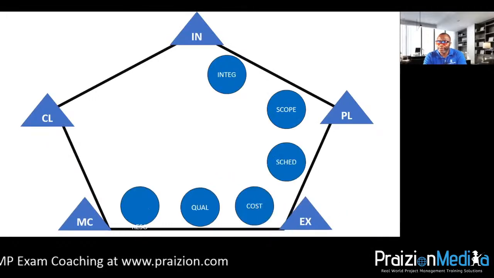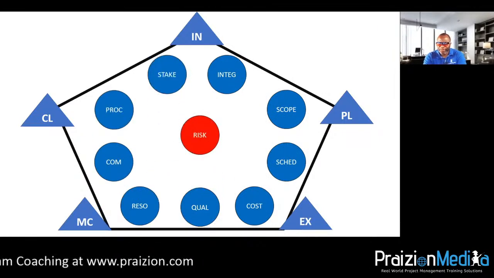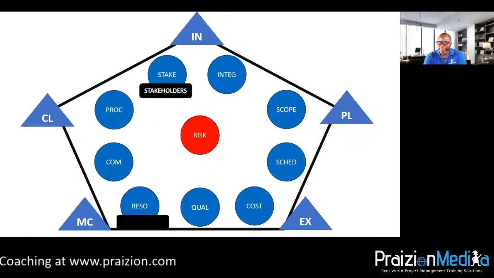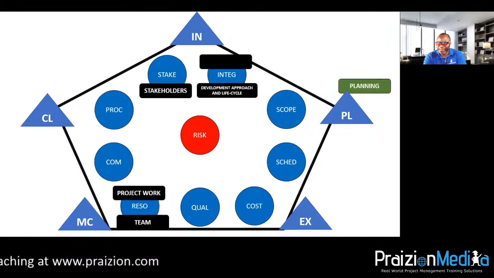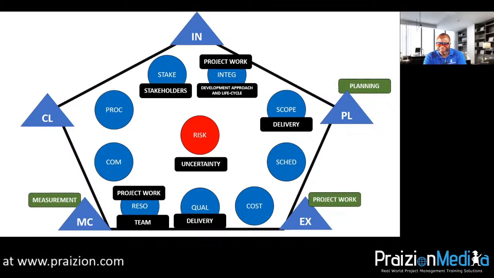You got your knowledge areas, you got your process groups, you got your risk, which touches everything. But in the 7th, yeah, we've got some of these domains here, and they're not exactly flushed with the other content.